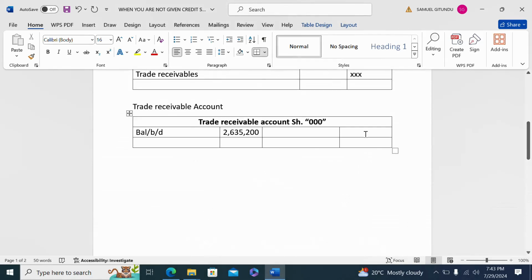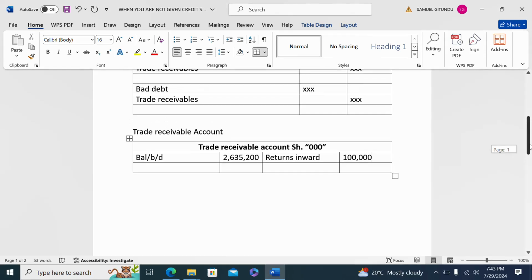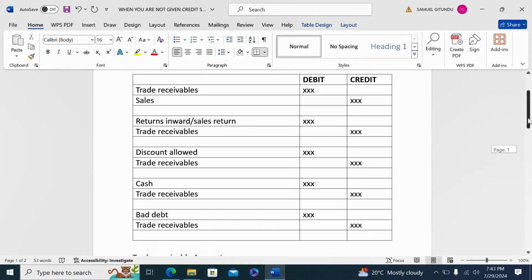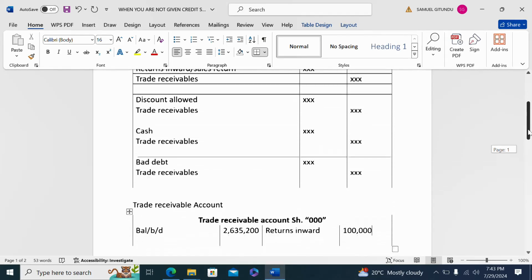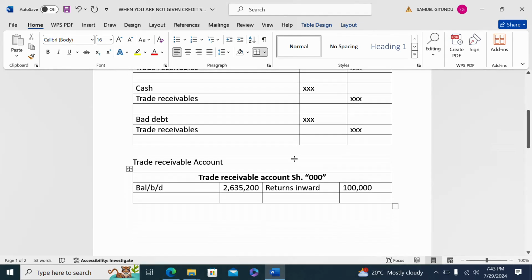So I'll come here and write returns inward, which is 100,000. Then we go to the next part, discount allowed. Was there any discount allowed?